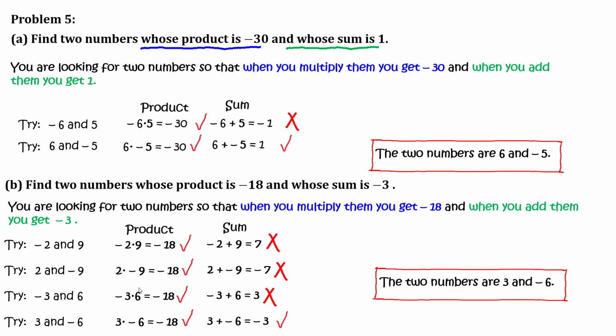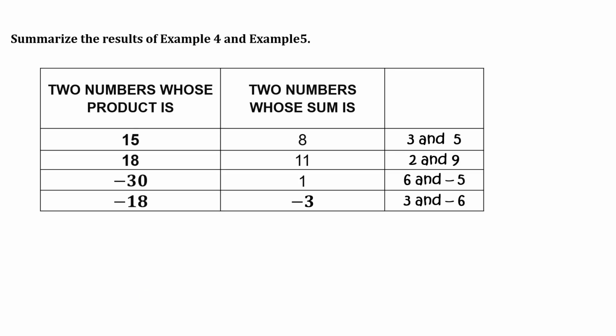Now, let's organize our results in a table. So this is how I give you the homework. The first column is the product of the two numbers. The second column is the sum of the two numbers. And in the third column, you're going to put your two numbers. So in example 4, part A, we were asked to find two numbers whose product is 15 and whose sum is 8. And those numbers are 3 and 5.